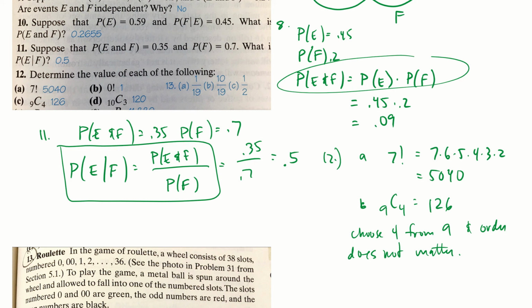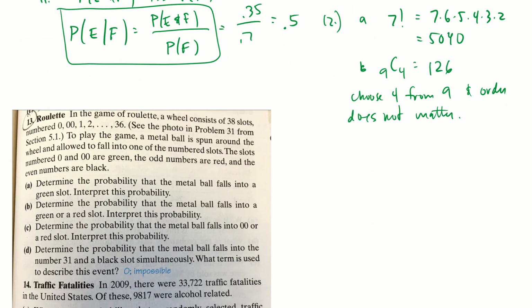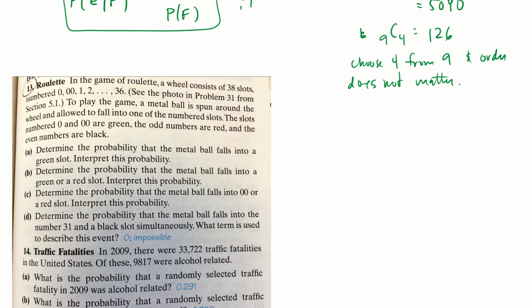Okay, and let's see, let's do 13 and then we'll call this video good. Game of roulette: there's 38 slots, 0, 00, 1, 2, up to 36. A metal ball is spun and falls into one of those. These are green, odd or red, even or black.